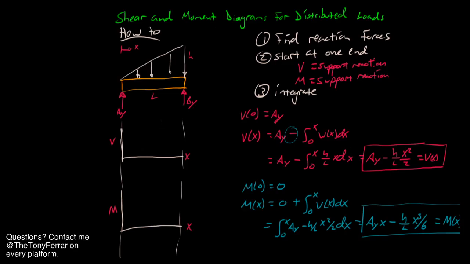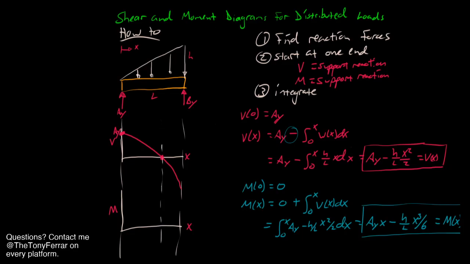The shear function starts at a value Ay, and it looks like a negative parabola, like so. Got that a little bit skewed there, sorry. You could actually set the equation equal to 0 to find the x value where the shear goes to 0. And that's of interest because it turns out that where the shear goes to 0, you end up getting the maximum of the moment.